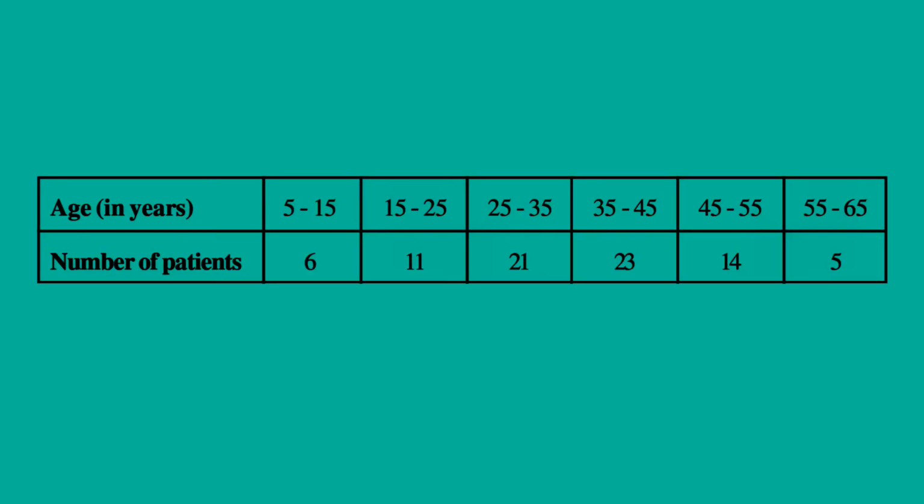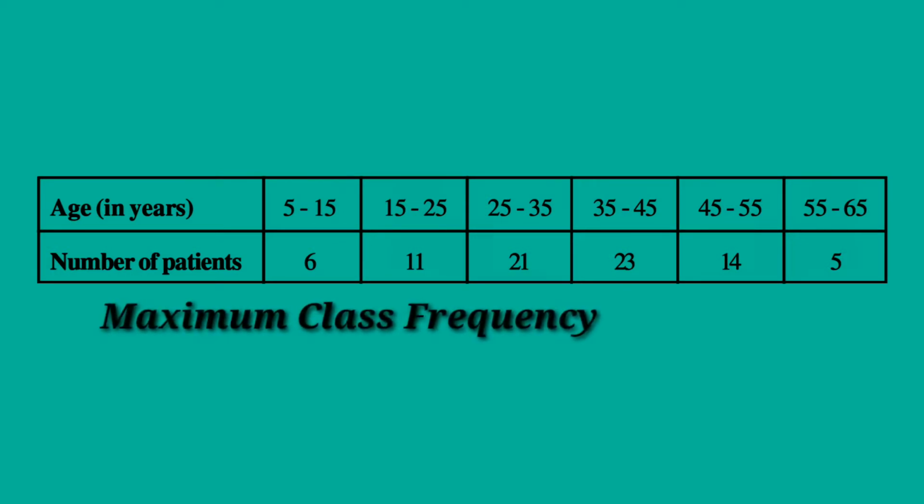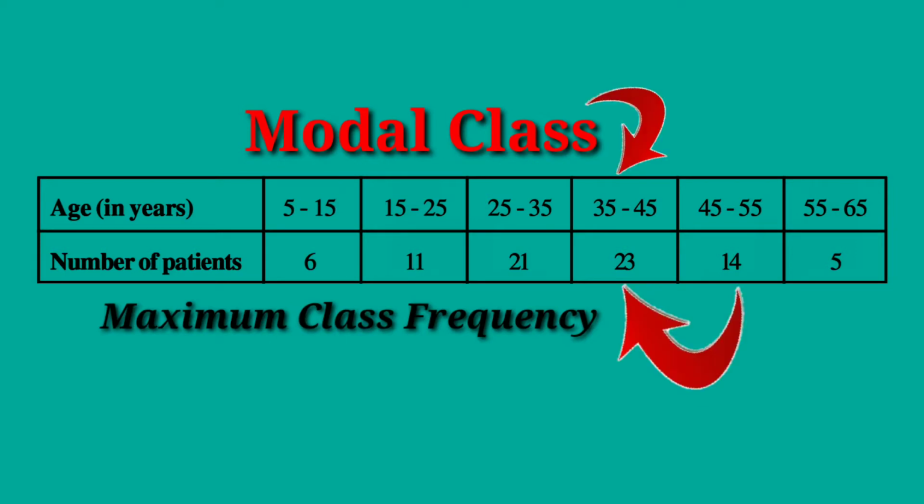Here from the table it can be observed that the maximum class frequency is 23, belonging to the interval 35 to 45. So the modal class is 35 to 45.